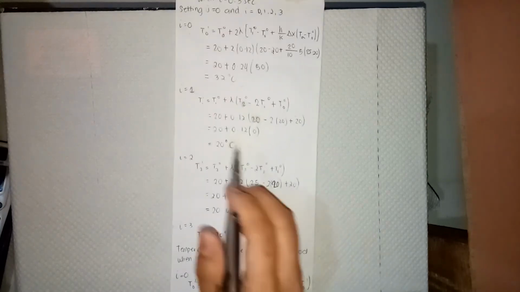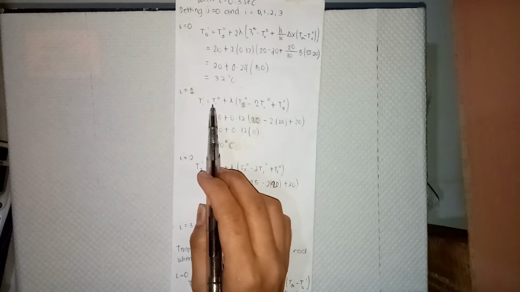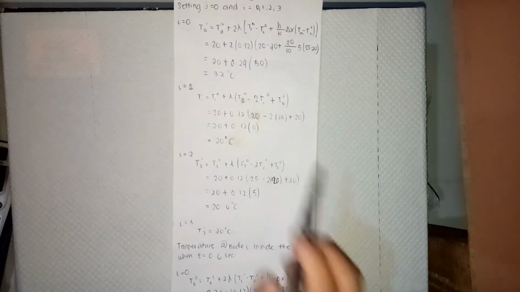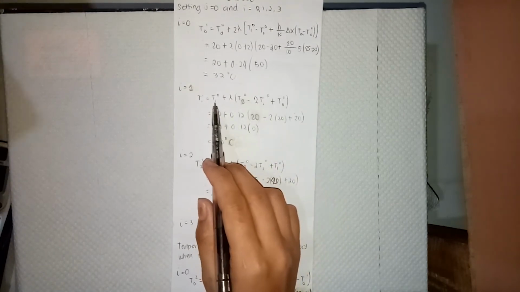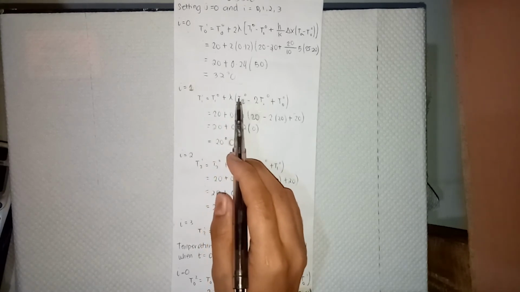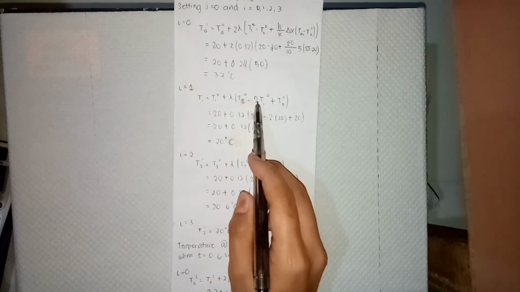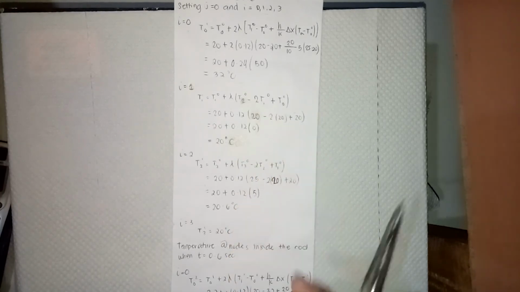And then for our temperature 1 at node 1, let's also input our values in our equation, which is temperature 1 at node 0 plus lambda, open parenthesis, times temperature 2 at node 0 minus 2 times temperature 1 at node 0 plus temperature 0 at node 0.